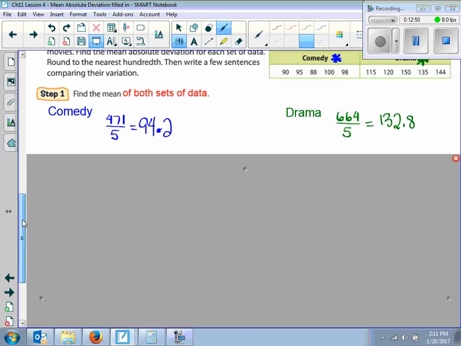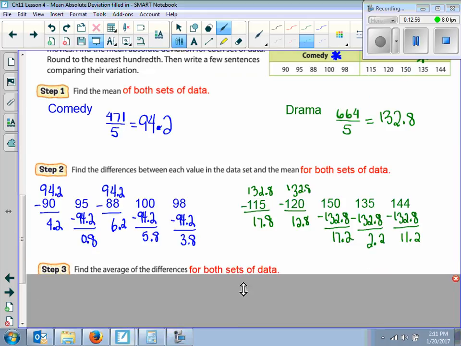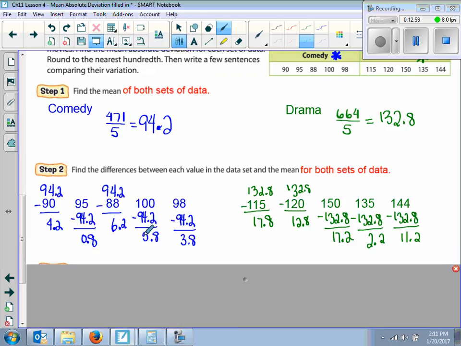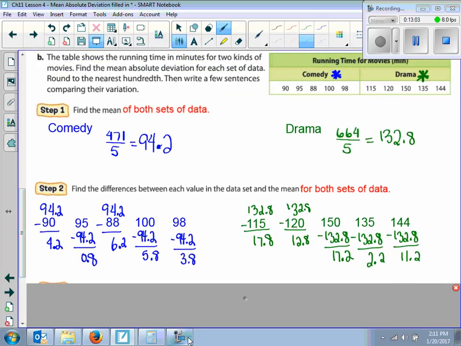Step 2 is to find the differences between the mean and each one of those data items, right? So here we go. The blue is for comedy and the green is for drama. Once again, you are going to subtract the big number minus the little number.